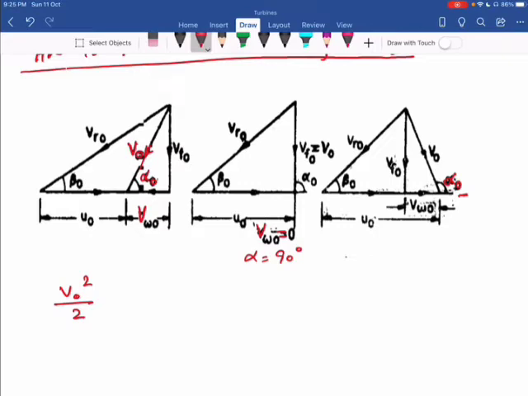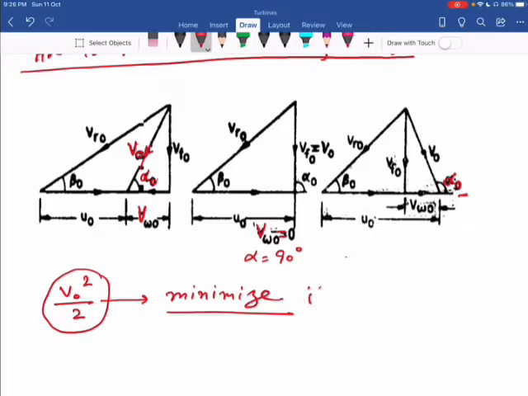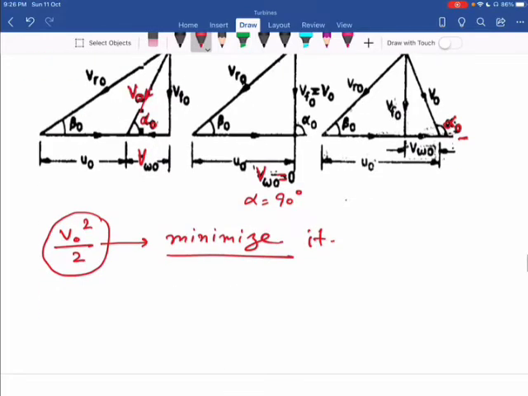Okay. So as we know, this leaving energy is just a wastage of energy that goes out from the turbine. So our purpose is to minimize this waste energy or leaving energy. So to minimize this energy, you can see from this formula that we have to reduce the value of VO.